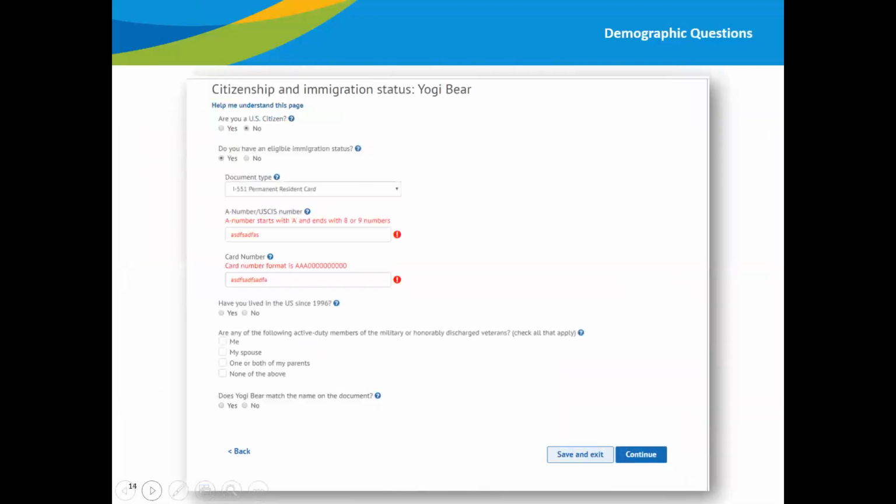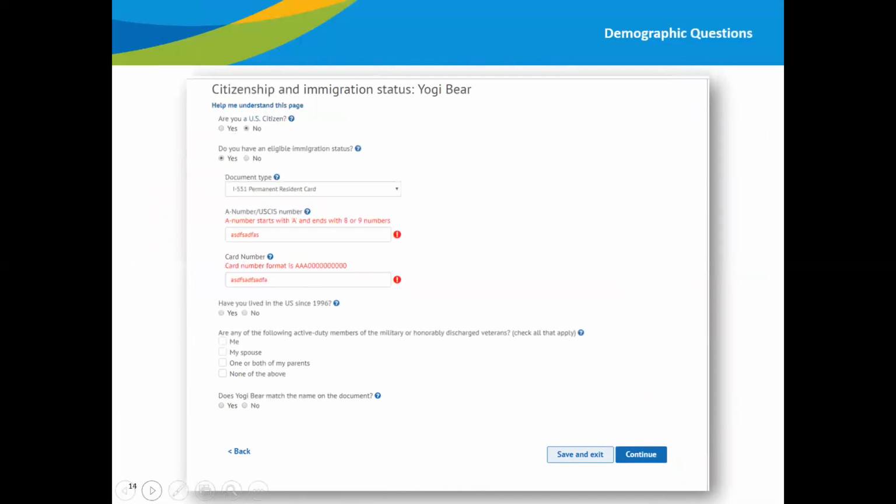When verifying citizenship and immigration status, the application is dynamic and will only populate fields that are necessary in order to prompt the correct data entry to establish a match for either citizenship or for lawful immigration status.